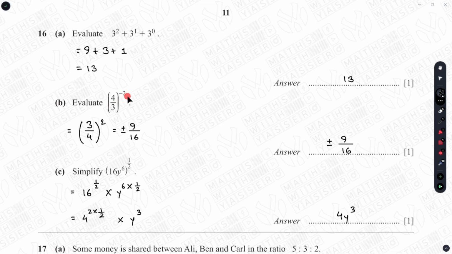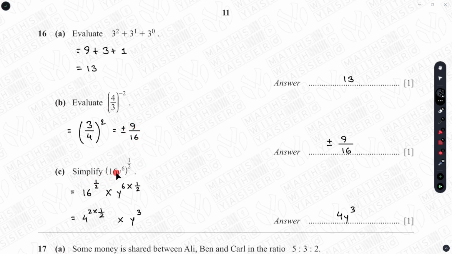Whenever we see a negative power for a fraction, we can simply flip the fraction to make the power positive. So that will be now 3 over 4 to the power 2. Since it's getting squared, I can say it is 9 over 16.